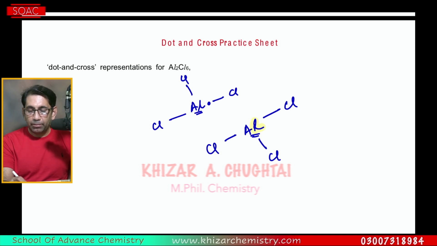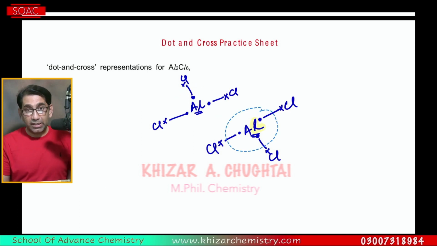Let's suppose I'm marking dots for the electrons of aluminium. In both cases, overall 6 electrons are surrounding aluminium. Same is the case if I'm showing the electrons of Cl with crosses. So 6 electrons are surrounding this aluminium, and the same over here, 6 electrons. So there is no complete octet.